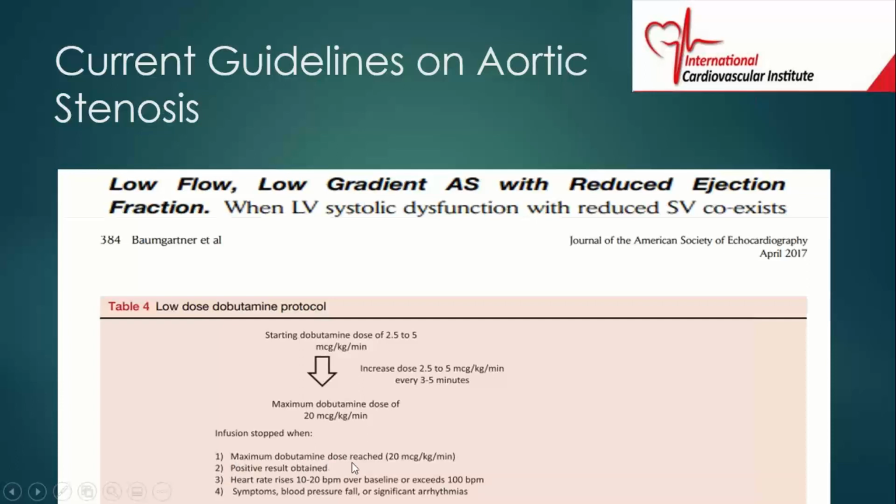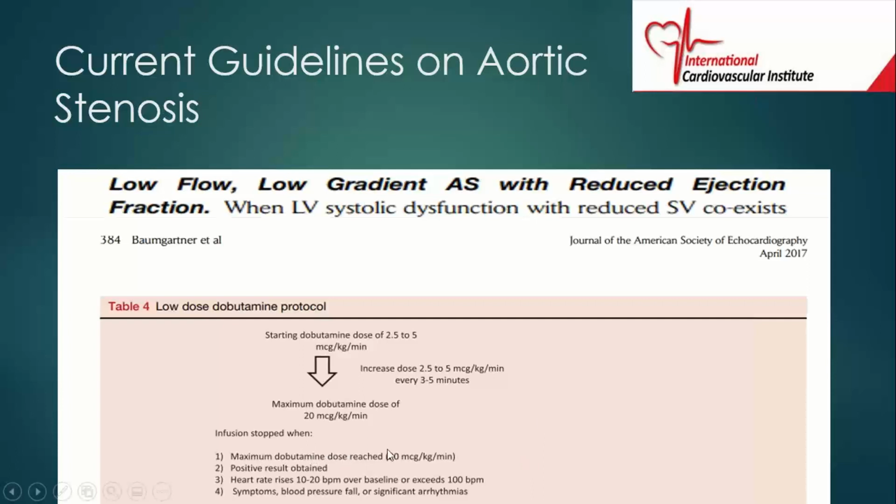So if a positive result is obtained, and I'm going to show you what the positive results are, okay? If the patient's heart rate increases 10 to 20 beats per minute above baseline, or if the patient's heart rate exceeds 100, then this is also a reason to stop the study. If the patient develops symptoms, the blood pressure falls, or the patient develops any significant arrhythmia, then you need to stop. Okay?